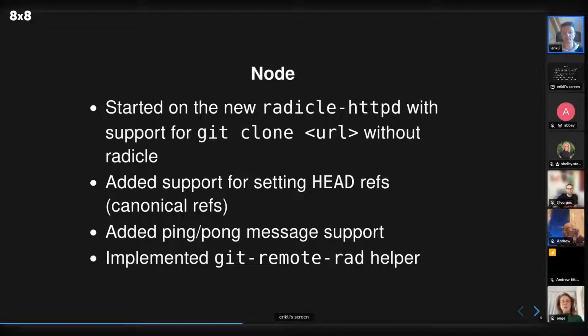It has a lot of technical stuff: we set the head refs for canonical refs and added ping pong messages. We also implemented the new Git remote rad helper. This is also part of the old protocol, but work has been done to port this over to the new protocol.